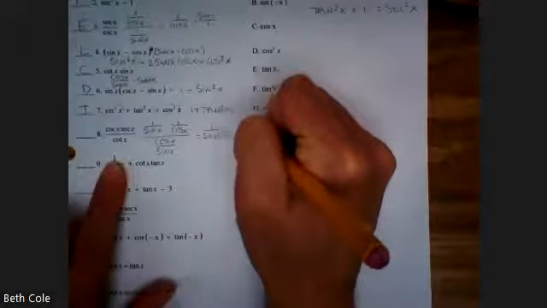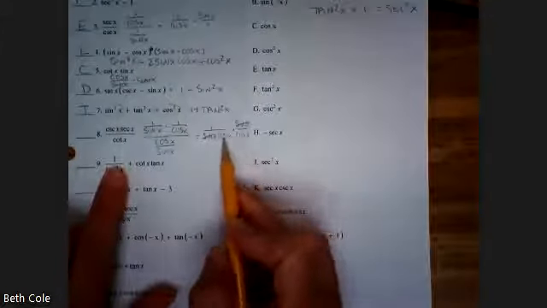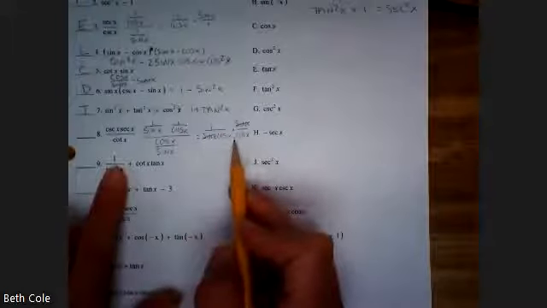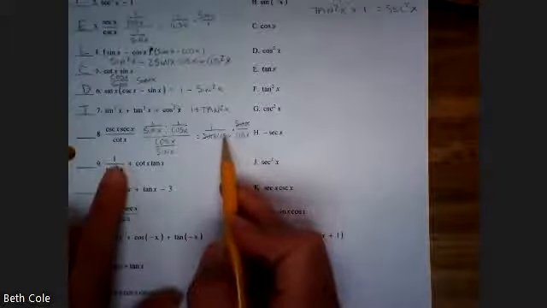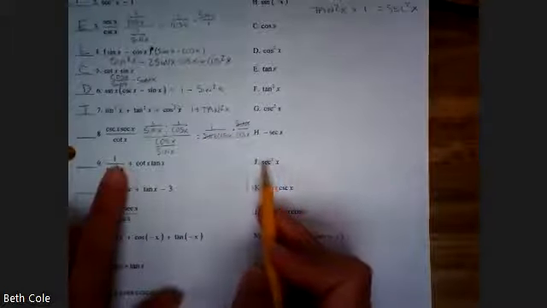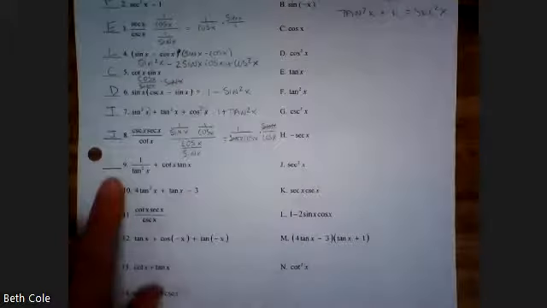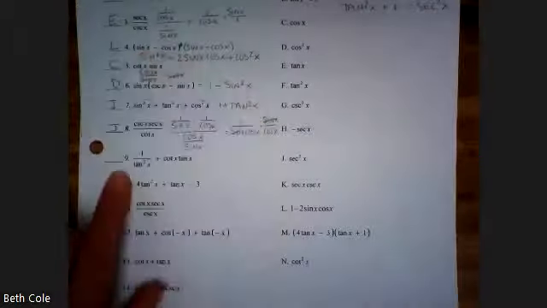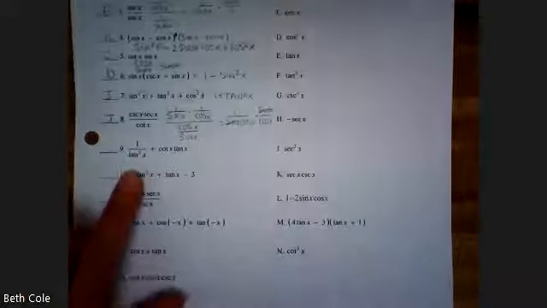I'm going to flip that over. So the sines are going to cancel. Cosine times cosine would be cosine squared, but it's 1 over cosine squared. And your reciprocal of cosine is secant. So that's going to be secant squared. So J for that. And see how both of these were J? That's not going to happen on your test. They're all going to match up exactly once.